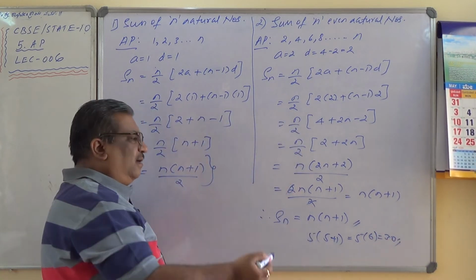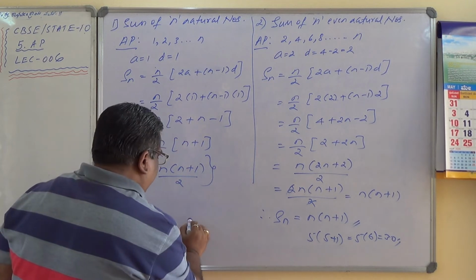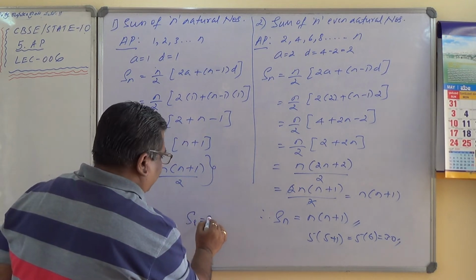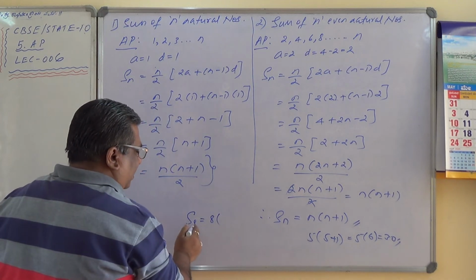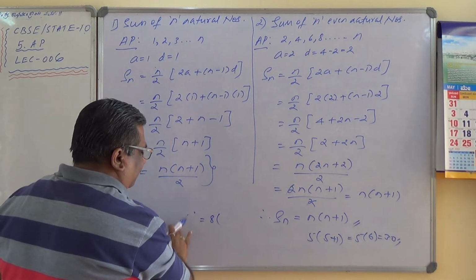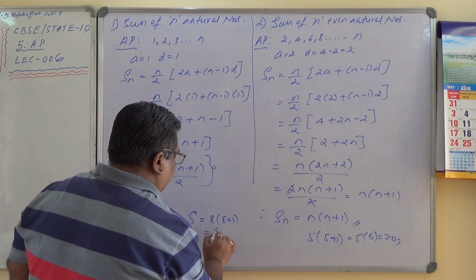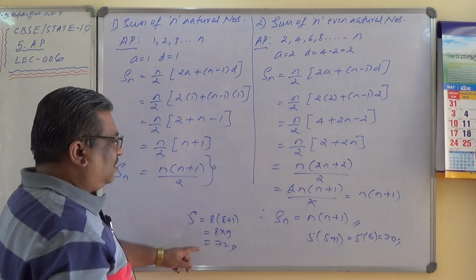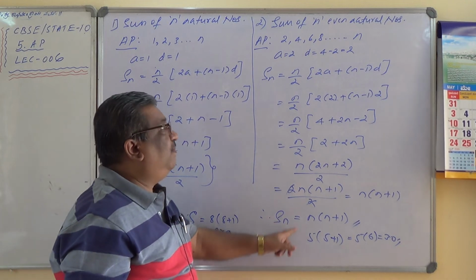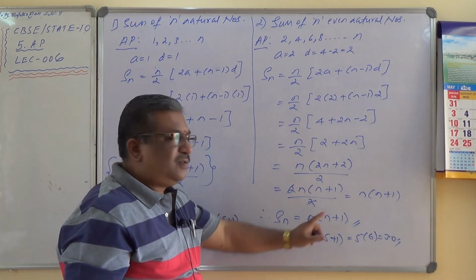You can take n as an even number, say 8: 8 into 8 plus 1, which is 72, isn't it? So the sum of even natural numbers is given by n into n plus 1.